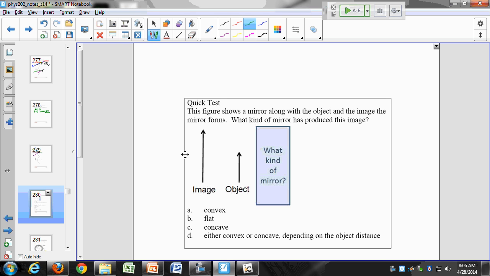Let's see, I think I had a mistake in this. Yeah, on this question, instead of having the image here, let's say that the image is over here. All right, I want you to tell me what type of mirror has produced this image.